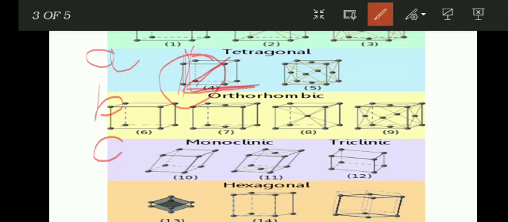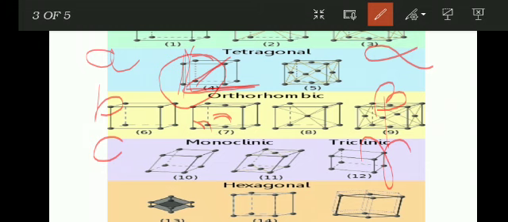For example, here I am marking an angle over here. Again you have an angle on the back side, the third dimension. So remember these angles we named as alpha, beta, gamma. So these were the axial angles. So depending on different values of a, b, c, alpha, beta, gamma, we have these 14 different Bravais lattices.